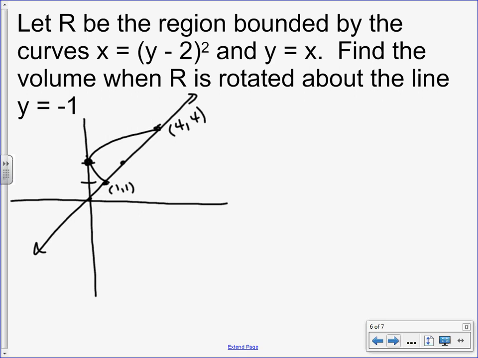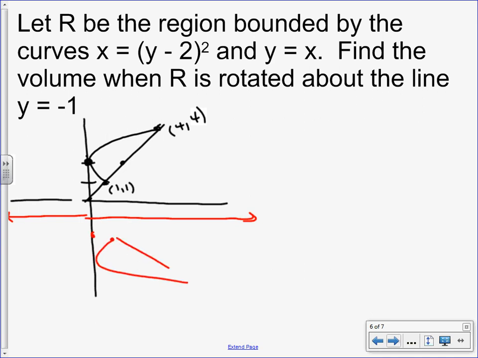All right, we want to rotate this region about the line, what? Okay. What kind of rectangles will we draw?